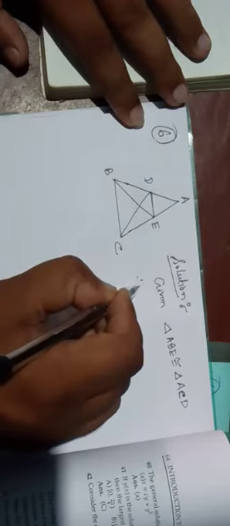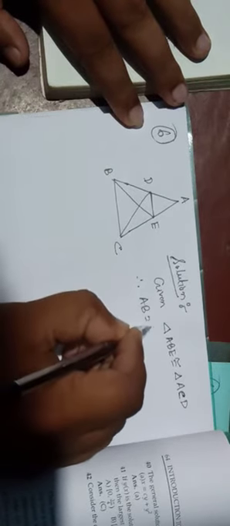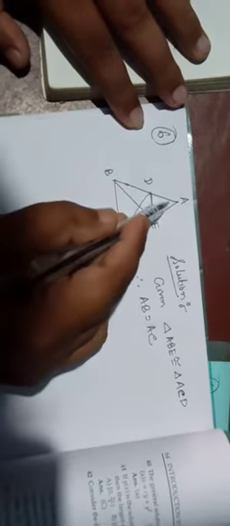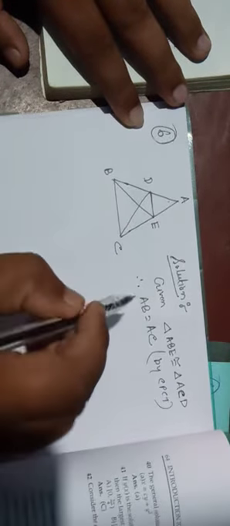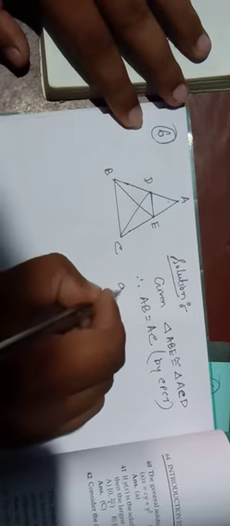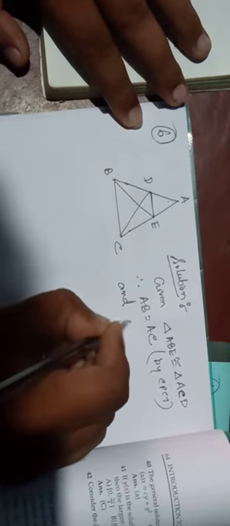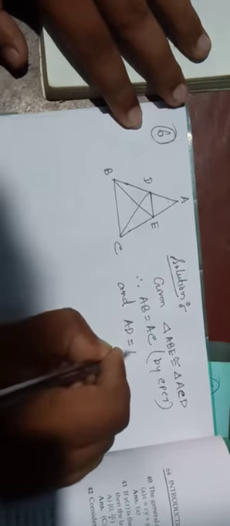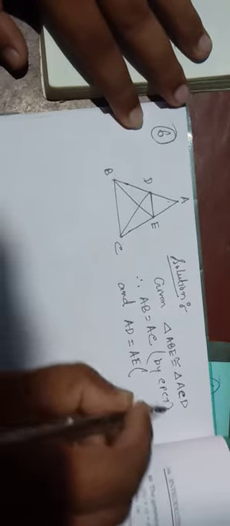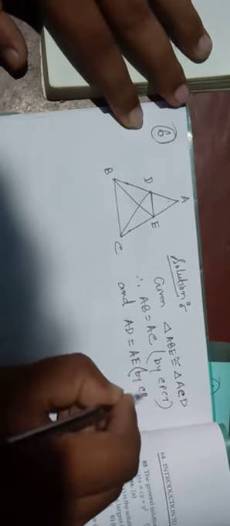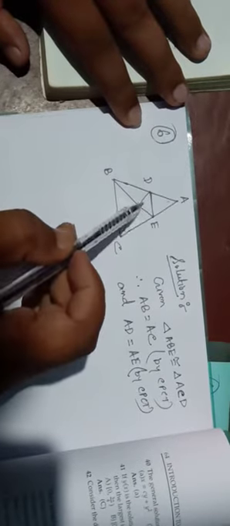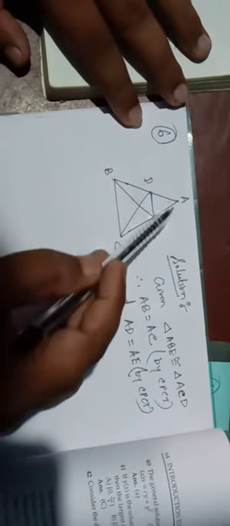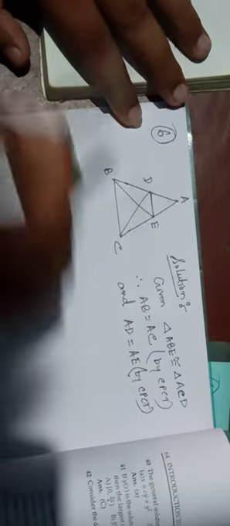Therefore obviously AB is equal to AC by CPCT, and AD is equal to AE by CPCT. Means this side will be equal to this side and this side will be equal to this side.